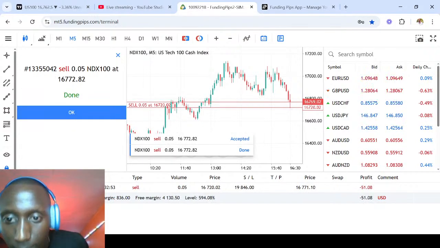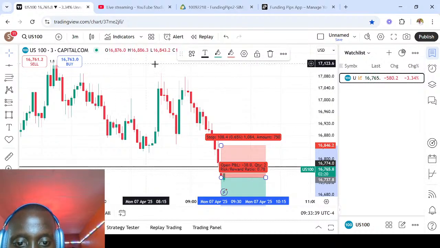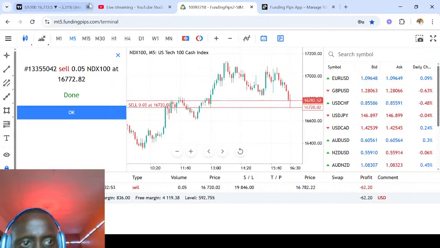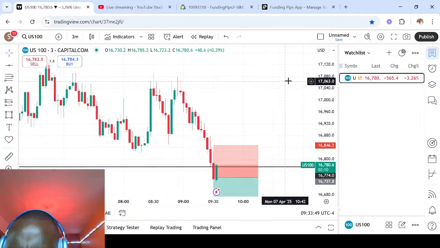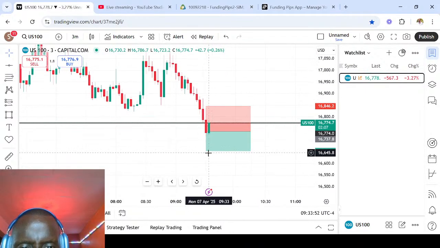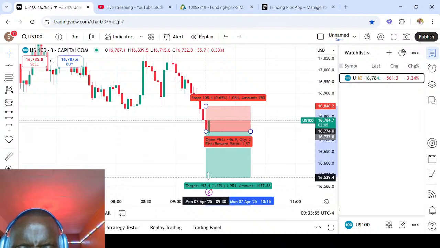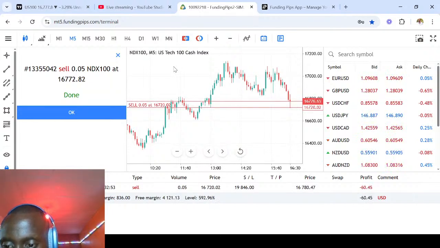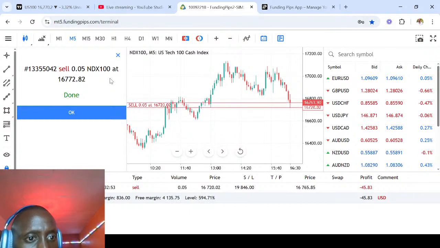Whoa, what's happening? Did I use the wrong lot size? I think I used the wrong lot size. Have you ever been here? If this one is going to cook me, I think I'll have my maximum daily loss on this account. We'll move on to the next account. 0.05.